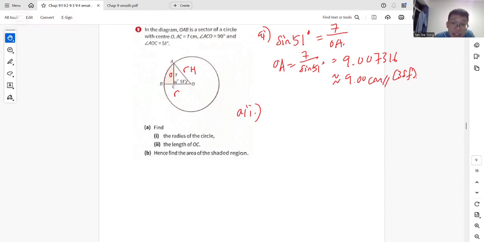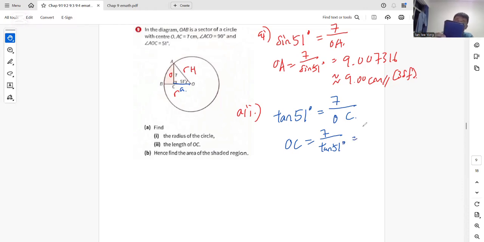So they want this part over here. We can use trigonometry, or Pythagoras also can. This will be adjacent. So tangent 51 degrees equals opposite over adjacent. So OC is equal to 7 divided by tangent 51 degrees.